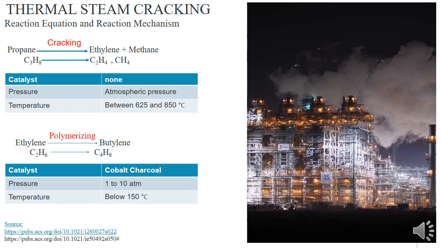The second reaction is ethylene to butylene by using a polymerizing ethylene process at pressure 1 to 10 atm and temperature below 150 degrees Celsius, and uses cobalt charcoal catalyst.